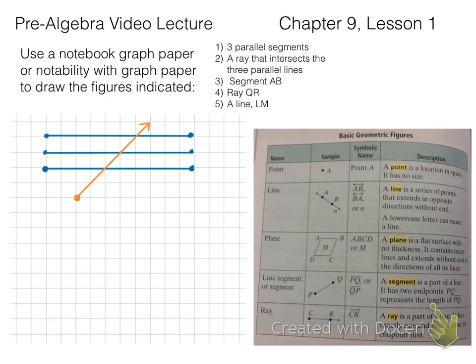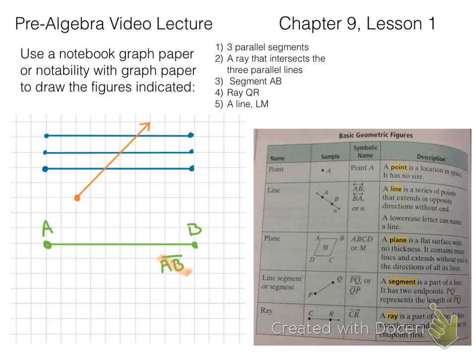Okay, so that's 1 and 2, and then I'm going to draw a segment AB, which looks like this. All right, actually, let me show you what it looks like. Segment AB, and again, it's named AB because it has a segment symbol above the AB telling me that the 2 points A and B form a segment. And a segment means it stops. It doesn't go through the points and continue on.